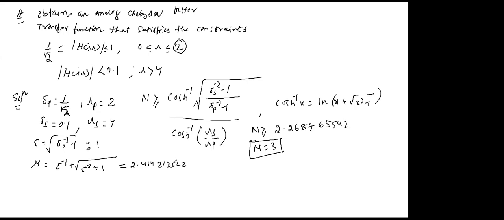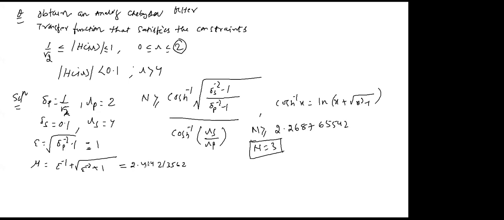2.414213562. I want to say one thing. Except for n, don't round any other value, because you will get an error known as the finite length effect. Always remember in the filter, if you round up any other coefficient value except n, the complete characteristics of the filter will change.